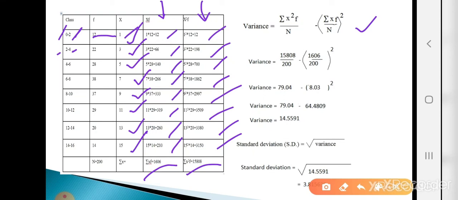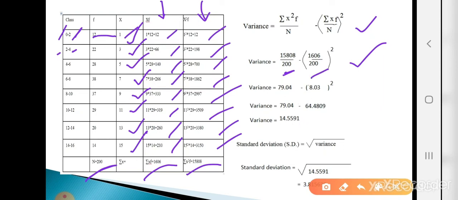Now just plug the values of summation x square into f, summation x into f and capital N into the formula of variance. So variance is equal to 15808 divided by 200. Here the capital N value is 200, that is the total of the column of frequency, f. Then 15808 divided by 200 minus 1606 divided by 200, its square.